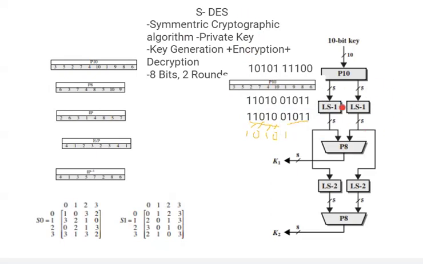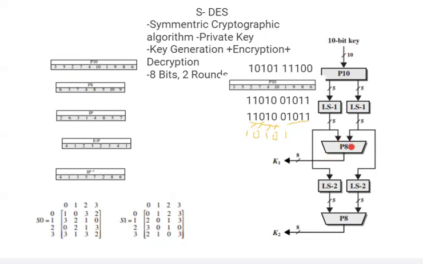Once we are done with the left shifting by 1, then we have to do the P8 permutation. P8 we have to apply. Observing this diagram very carefully, this shows a 10 bit input.